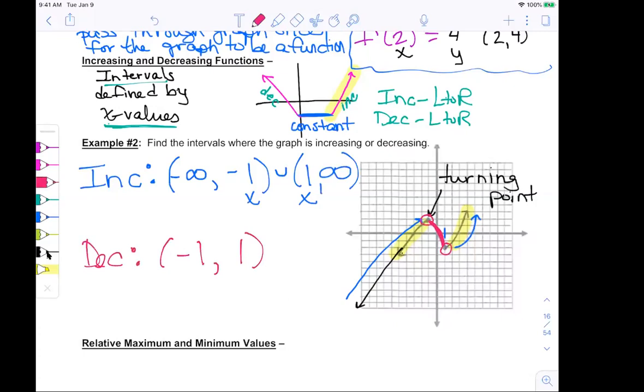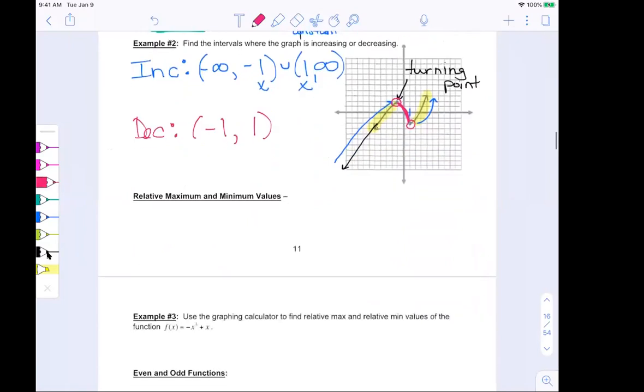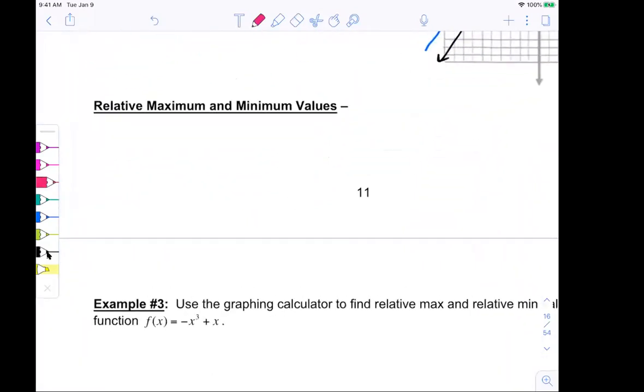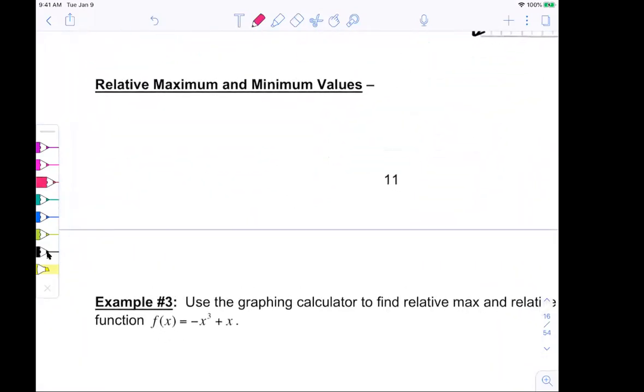So we have one more concept, and then we're going to look at the calculator and see if we can find this information in the calculator. The last concept we're going to talk about today is a relative max or min, generally referred to just a max or a min. So I'm going to draw a little graph again.